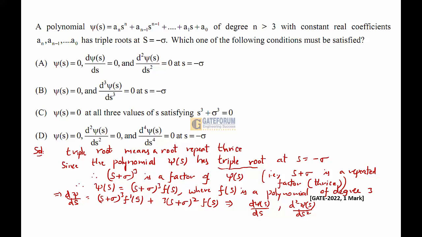Similarly, if you find the second derivative, one more degree is reduced. So s plus alpha is a factor of d square psi by ds square. So these have factors (s plus sigma) whole square, and s plus sigma respectively.